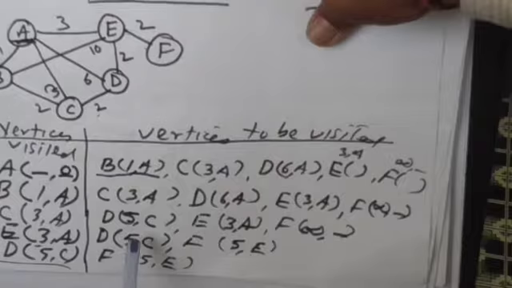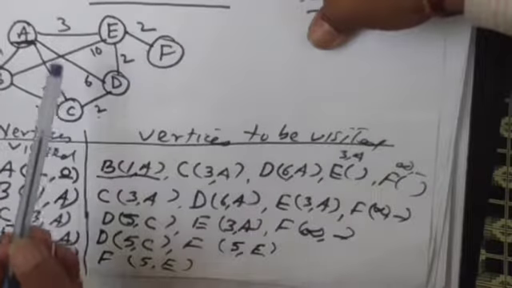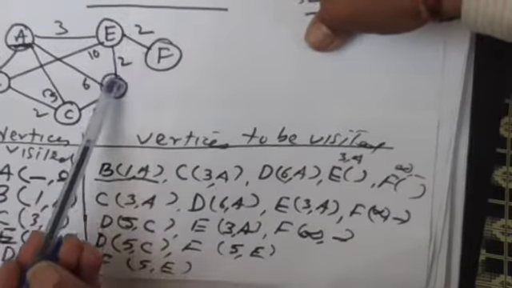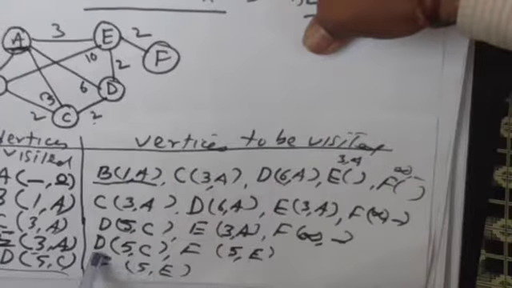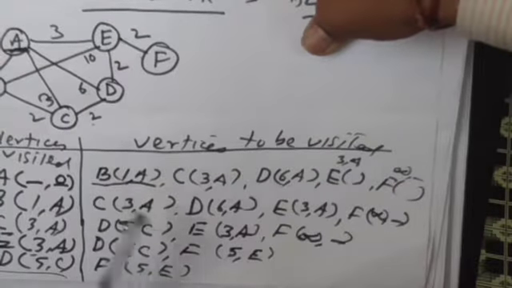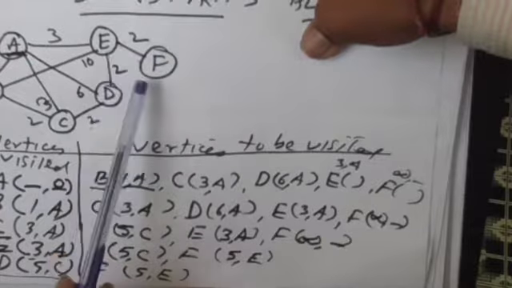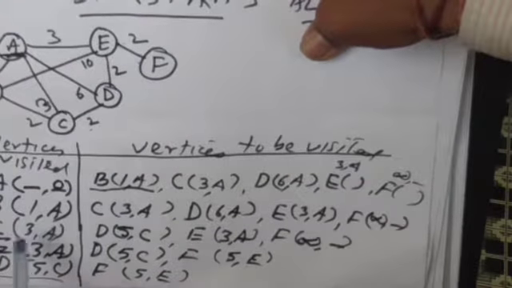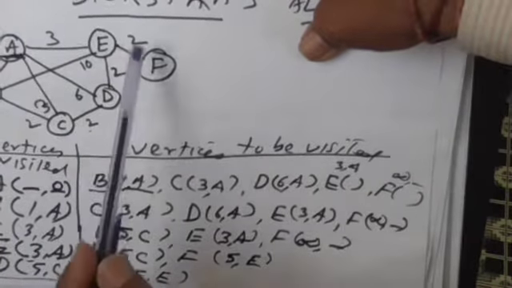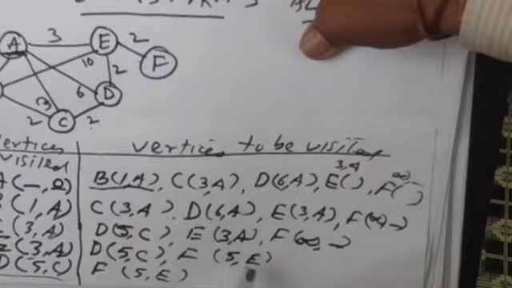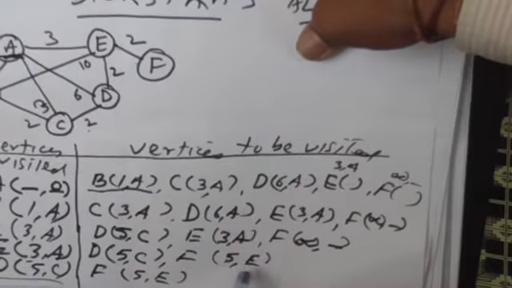So already up to E it is 3 and 2 makes 5. There is no improvement, therefore no change in this. But from E to F there is an edge. The distance is 3 here and it is 2. So 3 plus 2, 5. So now I have written it as 5 and E.